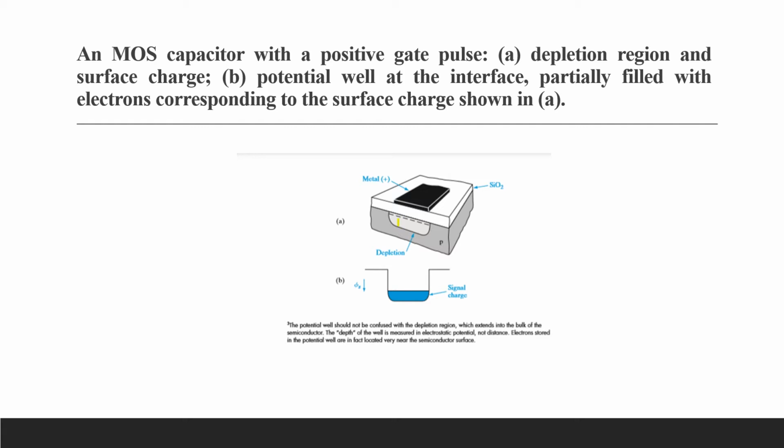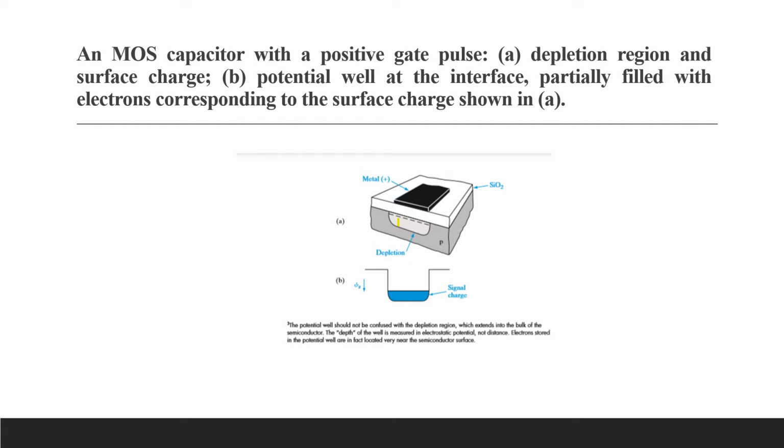Here is the depletion region, marked here, and a potential well at the interface, which is partially filled by electrons corresponding to the surface charge, as shown in figure A.